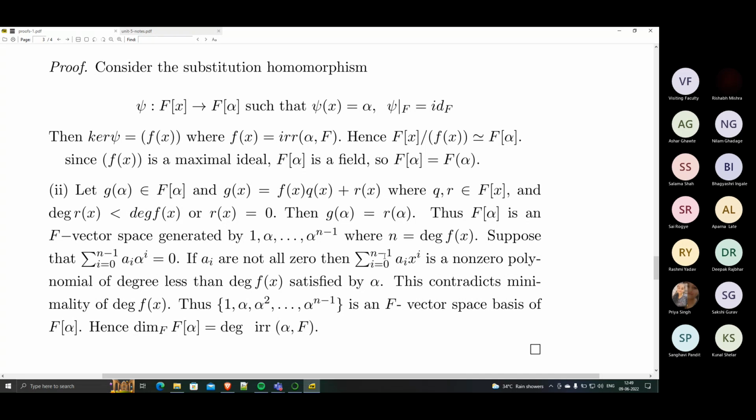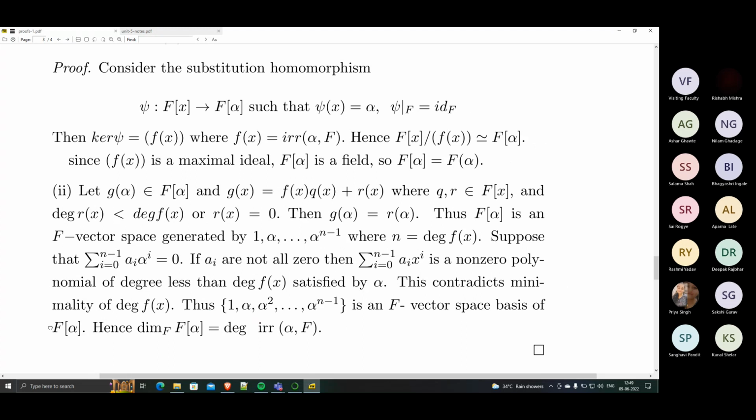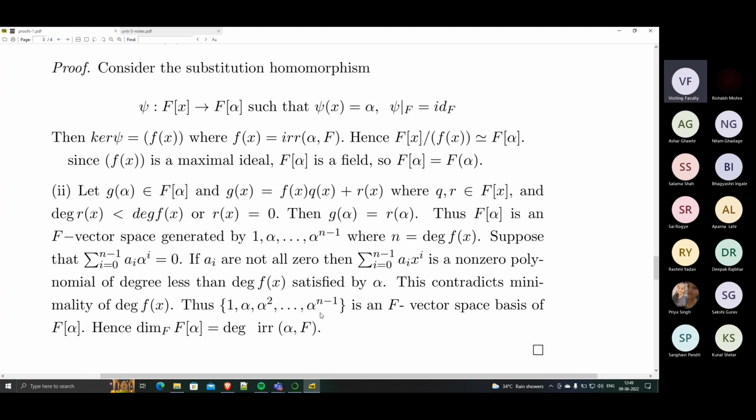So this is a contradiction, because if this scalar combination is a non-zero combination, then this gives you a non-zero monic polynomial of degree less than or equal to n minus 1 that vanishes at alpha. That is not possible. That cannot happen. Therefore, this linear combination must be 0. Therefore, these elements are linearly independent. Therefore, 1, alpha, alpha squared and so on is in fact the basis of F(alpha) over F, and therefore its degree is n. There are n elements here, which is just the degree of alpha over F.